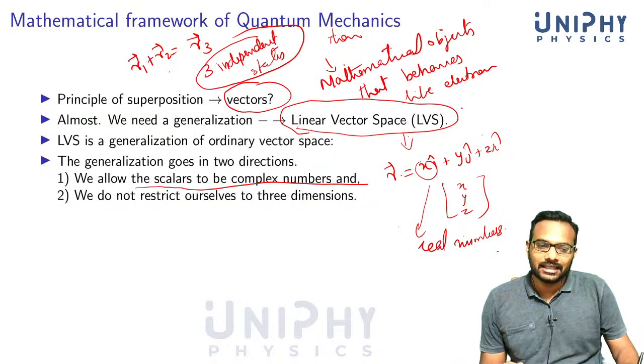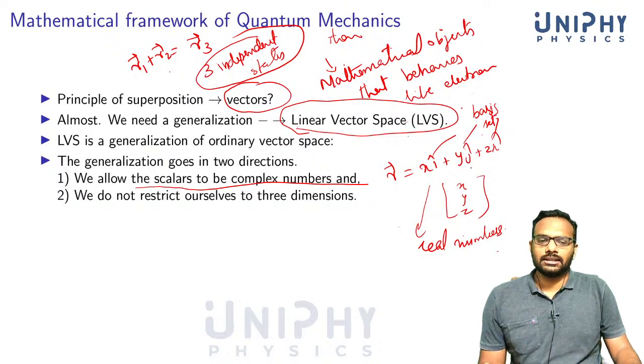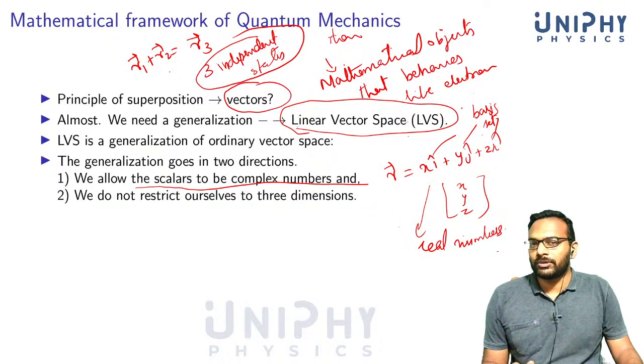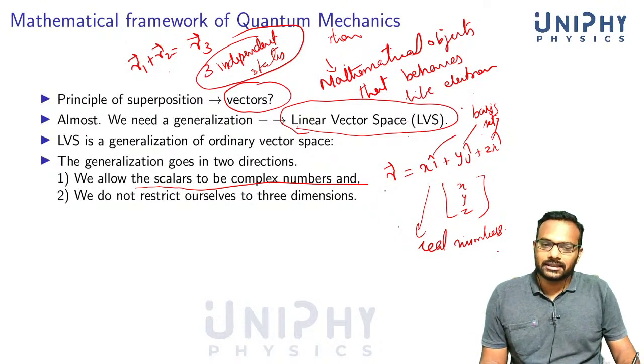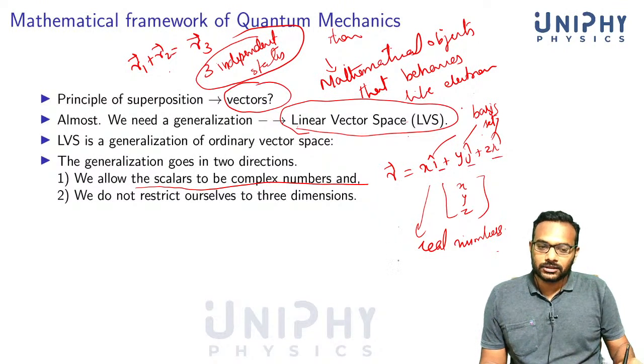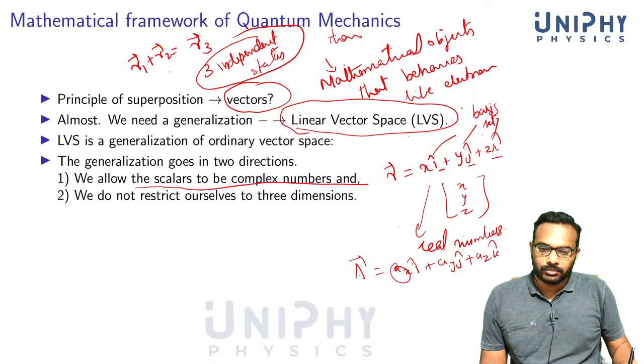And this i, j, k we call a basis set, the basis in terms of which we expand all the vectors. All vectors in three-dimensional space can be expanded in terms of three basis vectors: a vector A equals a_x i plus a_y j plus a_z k. These are real numbers.